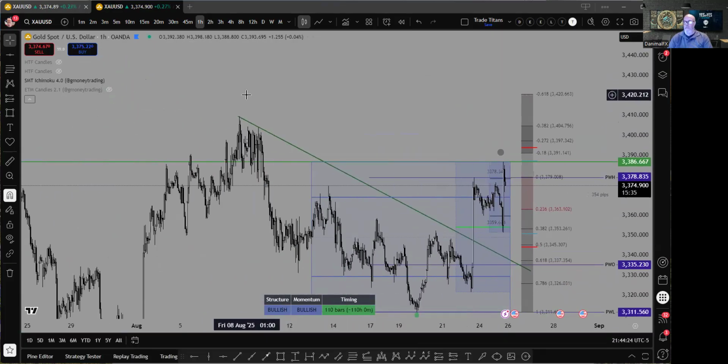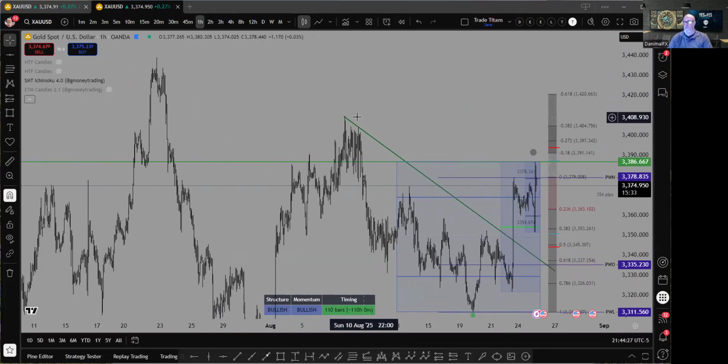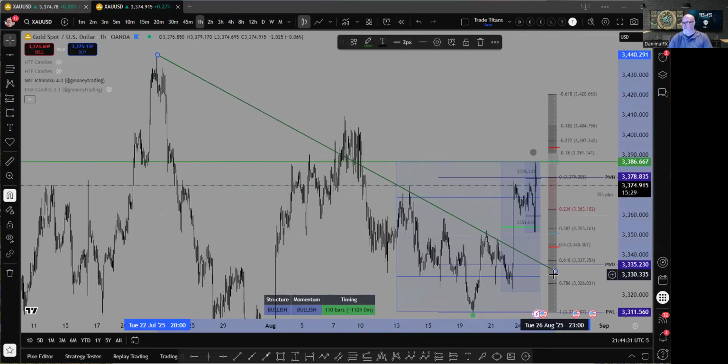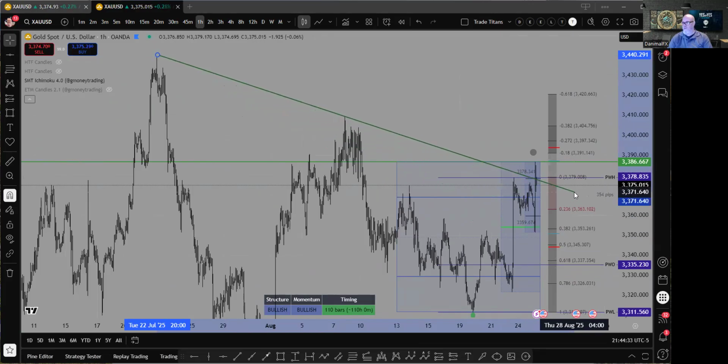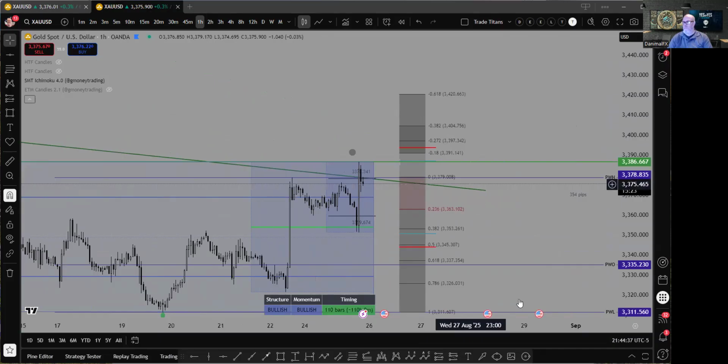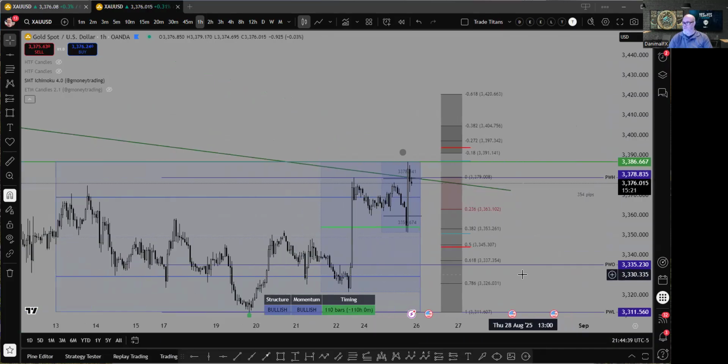We're still on a major downtrend. If you really want to see where the trend is, the true trend is this. We just broke through it, but it only wicked through it.